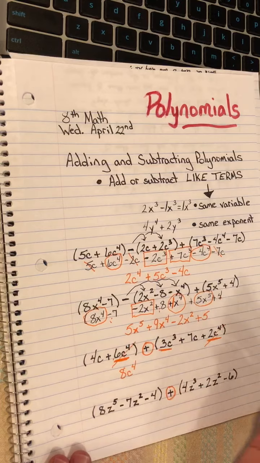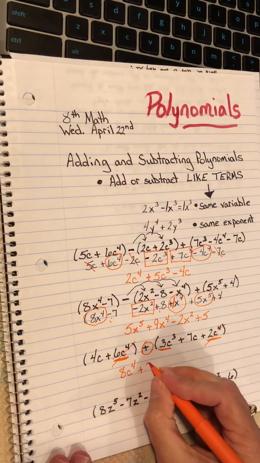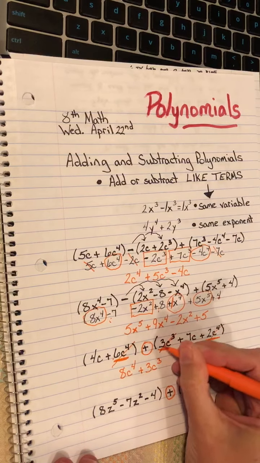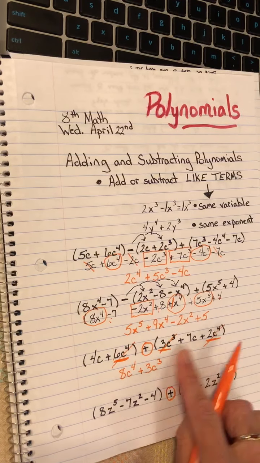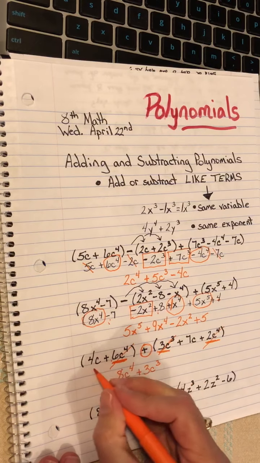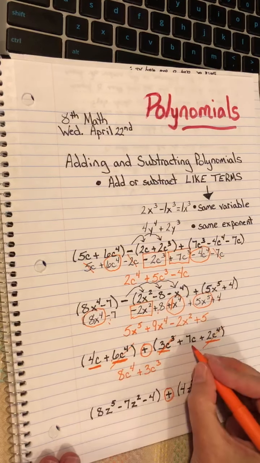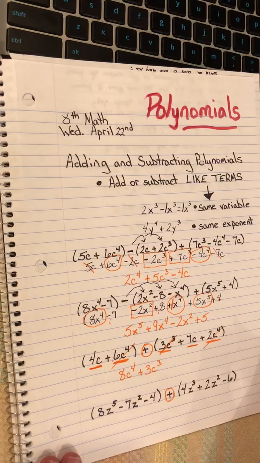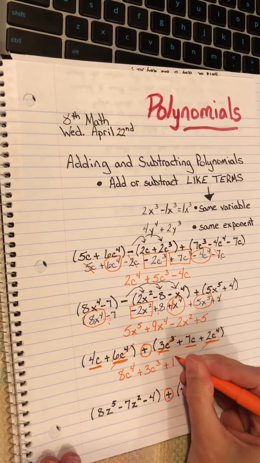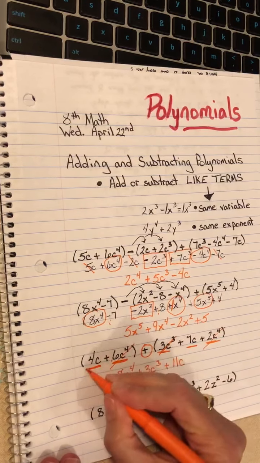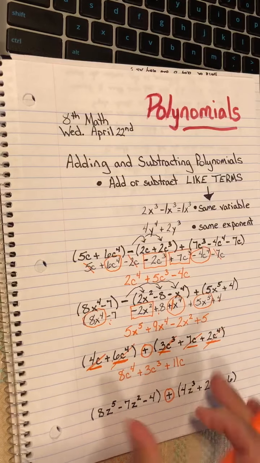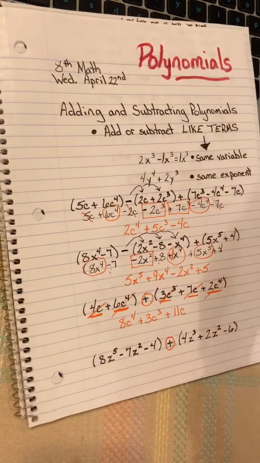It does not have a match, so I just bring it down, plus 3c to the 3rd. This one's finished. I do not have c to the 2nd power, but I do have 4c to the 1st and 7c to the 1st. 4 plus 7 is 11c. That will be my answer. Cannot combine anything else.